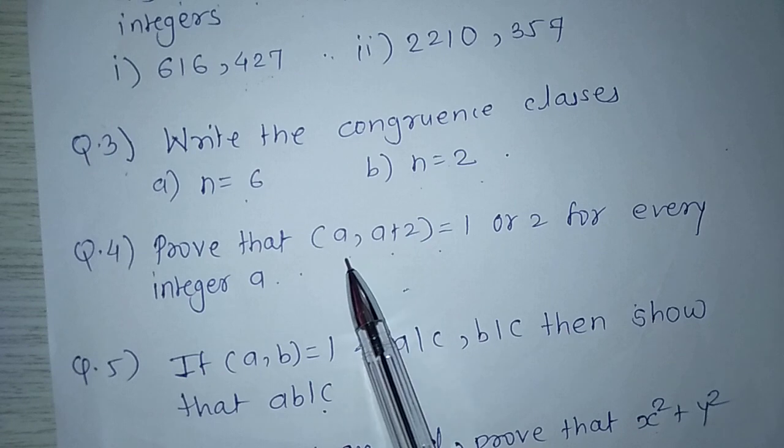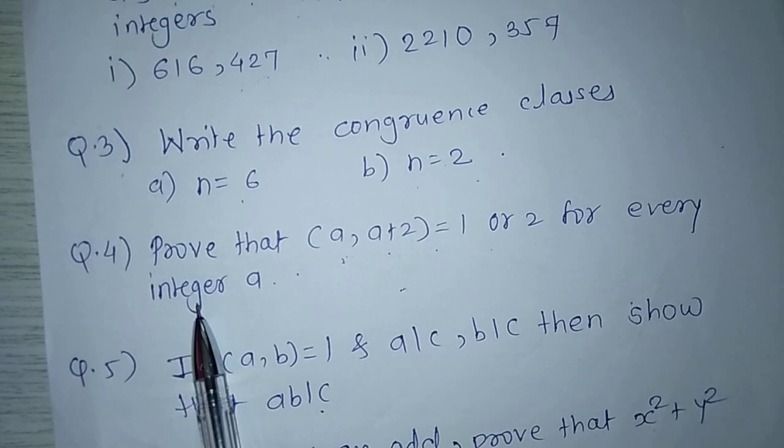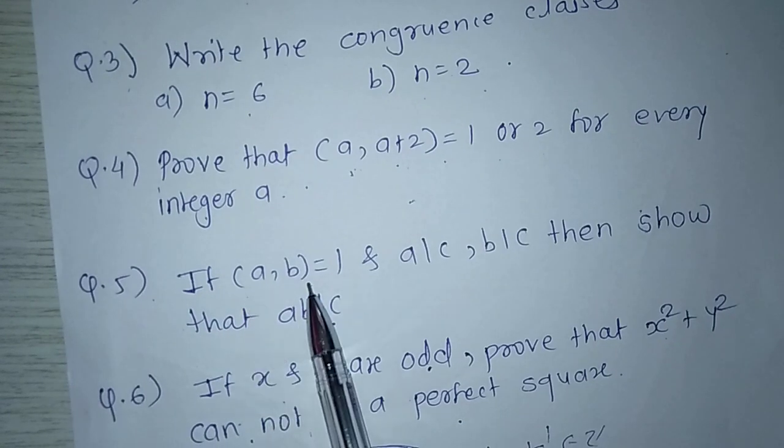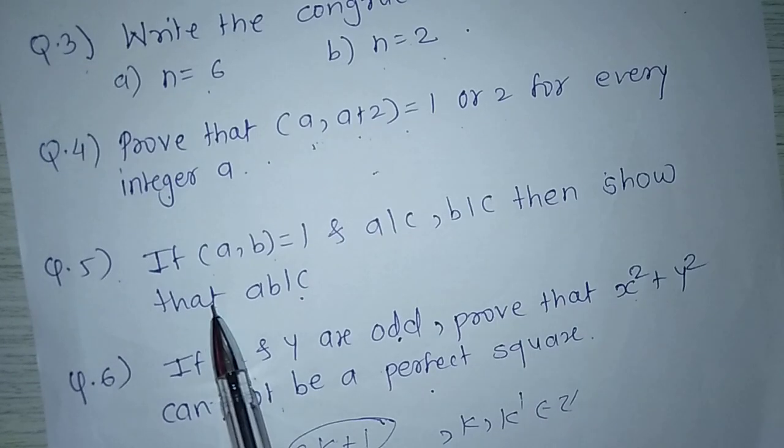Prove that GCD of a and a plus 2 equals 1 or 2 for every integer a. Question number 5. If GCD of a and b equals 1 and a divides c, b divides c, then show that ab divides c.